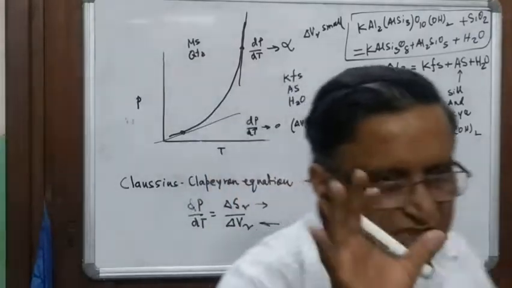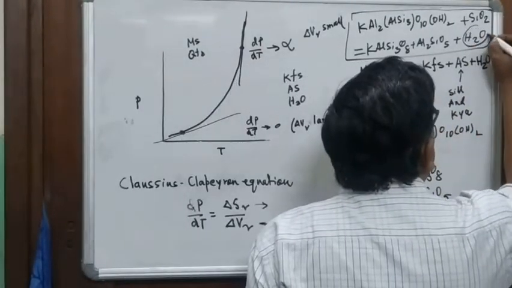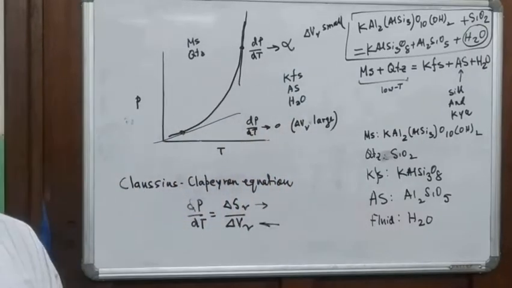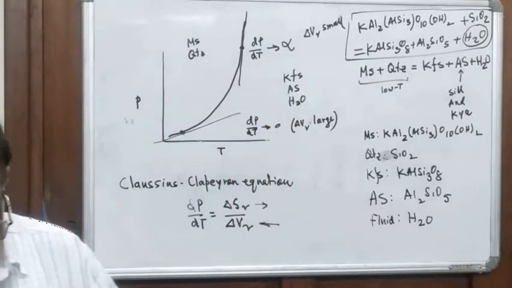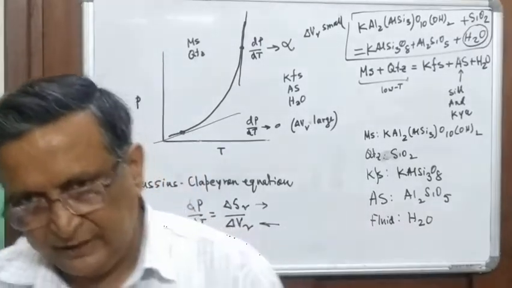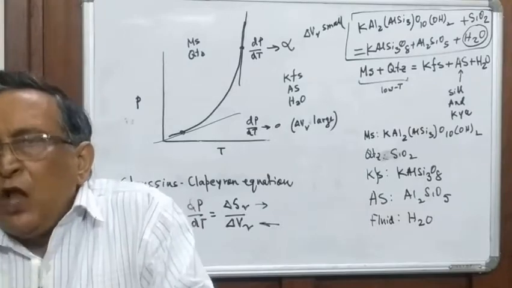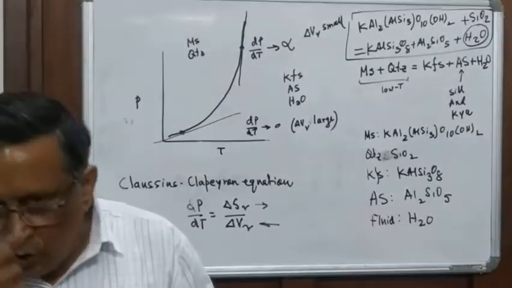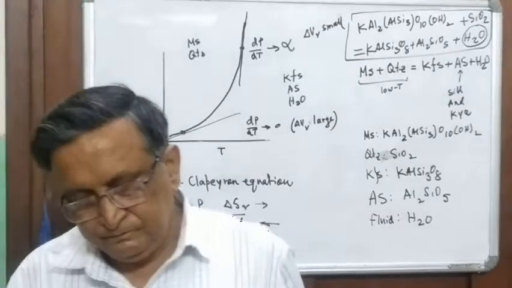It is because of a very simple reason. Because of this gentleman called H2O. At very high pressure, H2O is a fluid, a highly compressible thing. So if you increase pressure, the molar volume of H2O decreases dramatically.